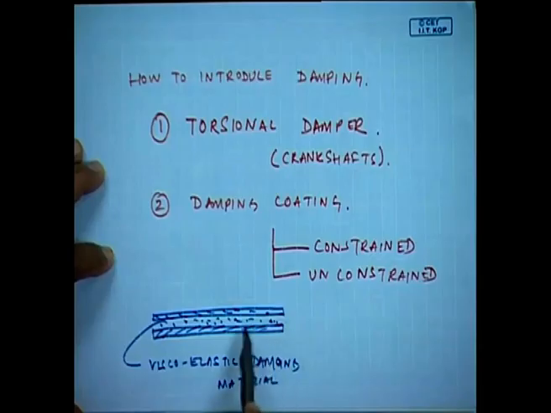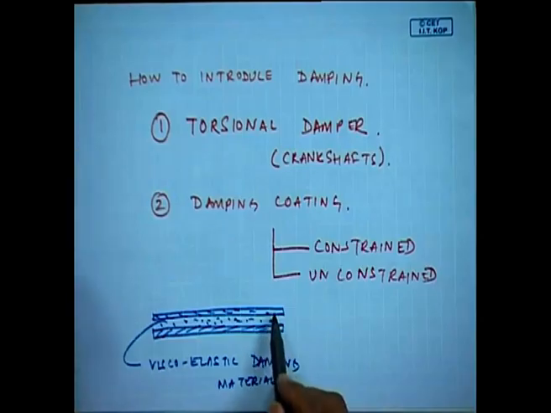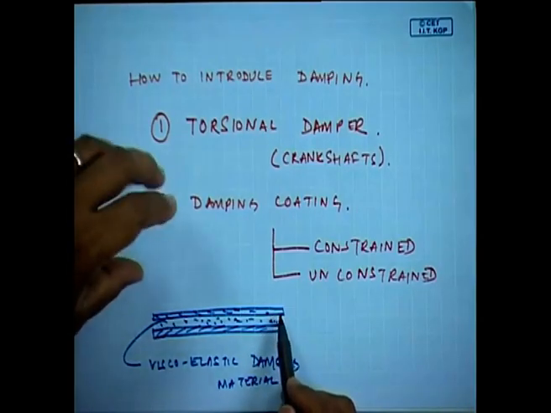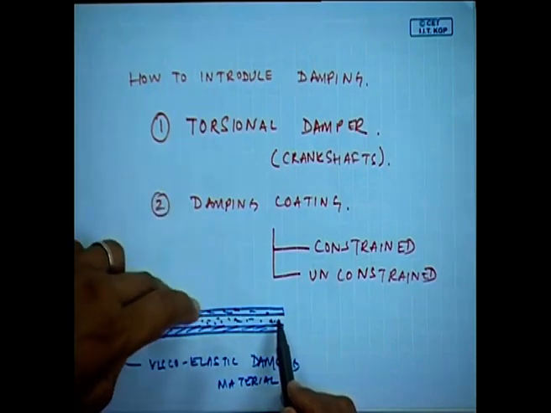Because of the relative motion of these two members, there will be a hysteresis loss, and then the energy will be damped, the energy will be reduced, and then the oscillations of vibration will reduce.